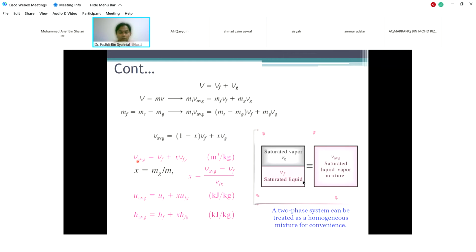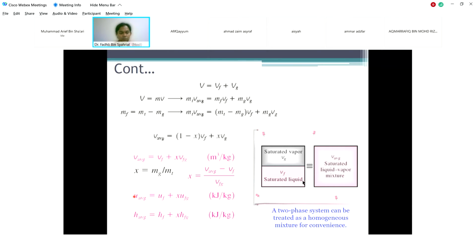If you are asked to determine another property, for example, internal energy U for a saturated liquid vapor mixture, then you have to follow this equation. Basically the concept is similar to the previous one, the specific volume.